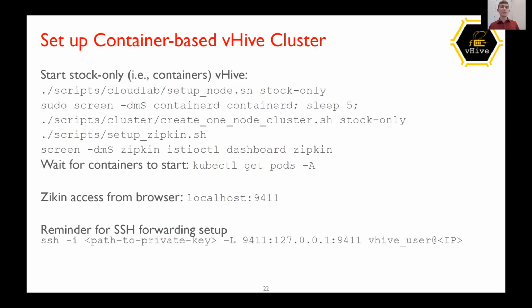An important reminder again: use SSH with port forwarding, so you will actually be able to look at the user interface in the end. If you don't see a user interface, it might be because you have forgotten the port forwarding part in your SSH. This will take a bit of time, and if there are any questions up to here, feel free to use the time.